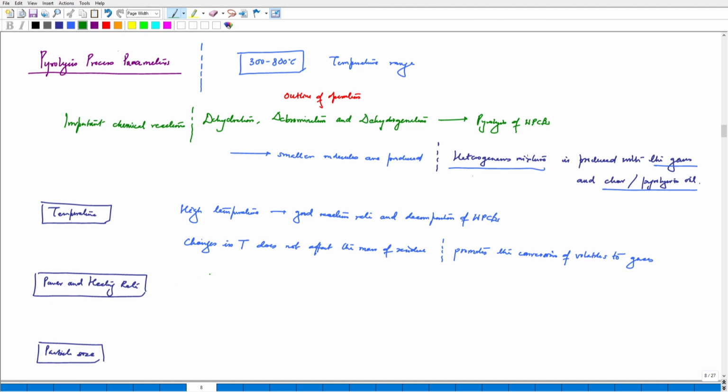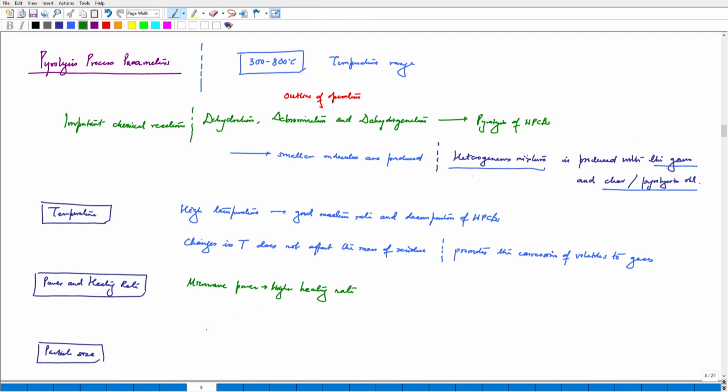Now, when we talk about power, we can have, let's say, microwave, if we are using microwave. So microwave power, if we are increasing this, we are basically leading to higher reaction rate, higher heating rate.